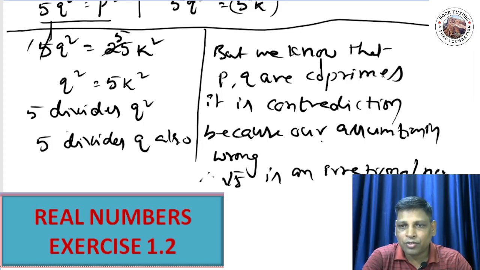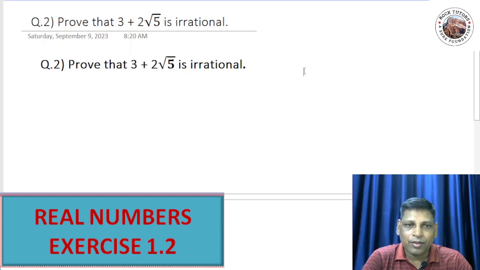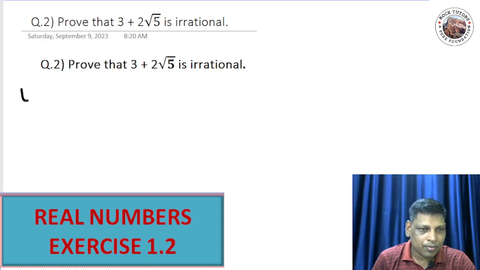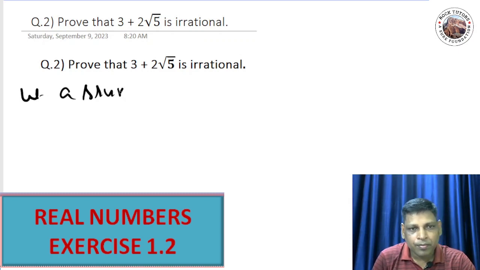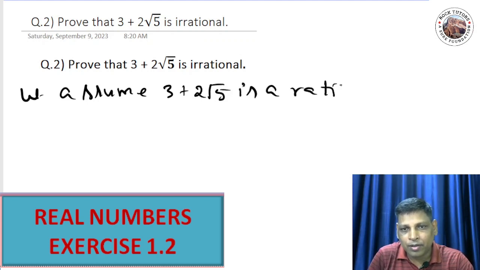Now, next question. Question number 2. Prove that 3 plus 2 root 5 is an irrational number. Similarly, let us assume 3 plus 2 root 5 is a rational number.